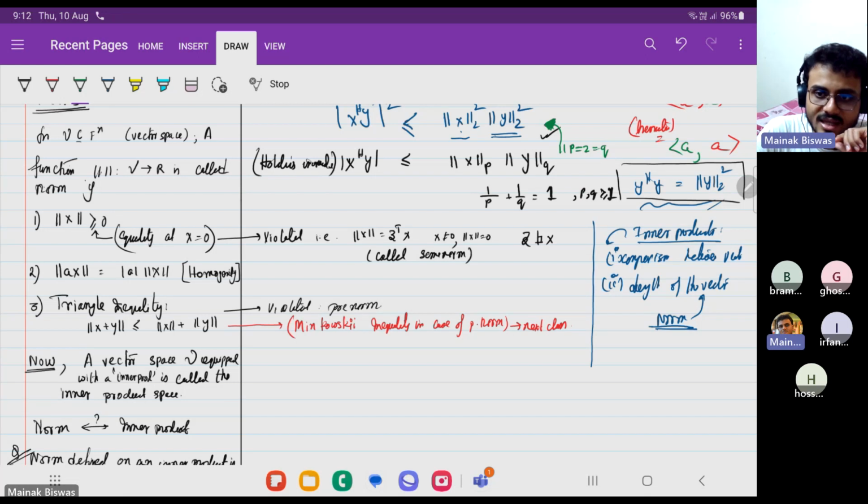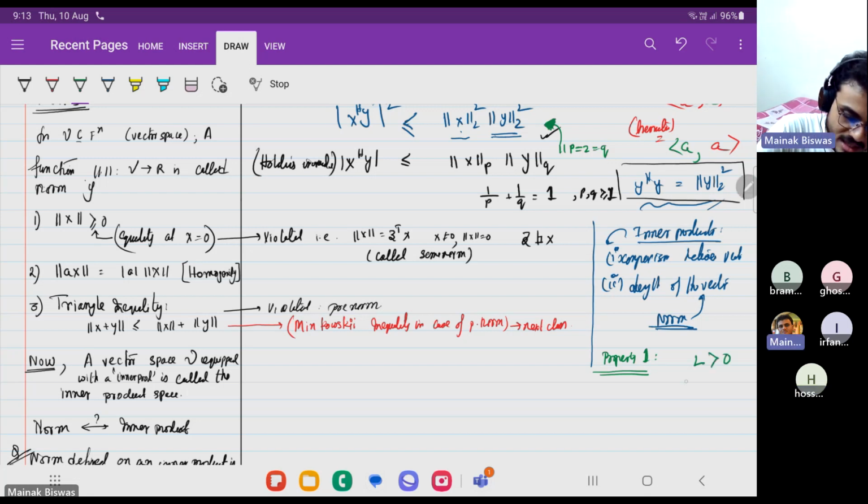What would be the property of the length of any vector? What would be the first property of a length? Property 1 of length. Length is greater than 0 or not?